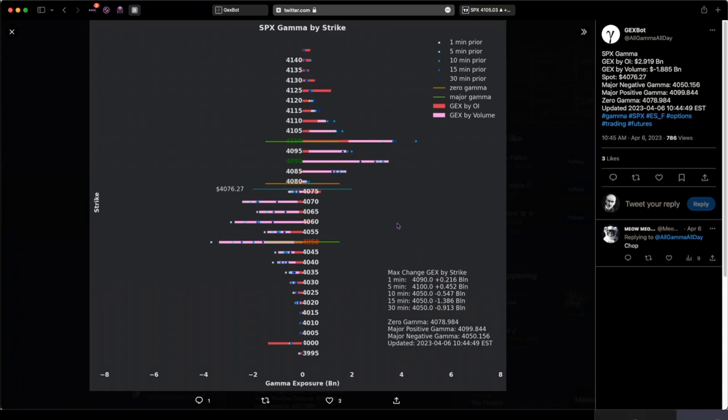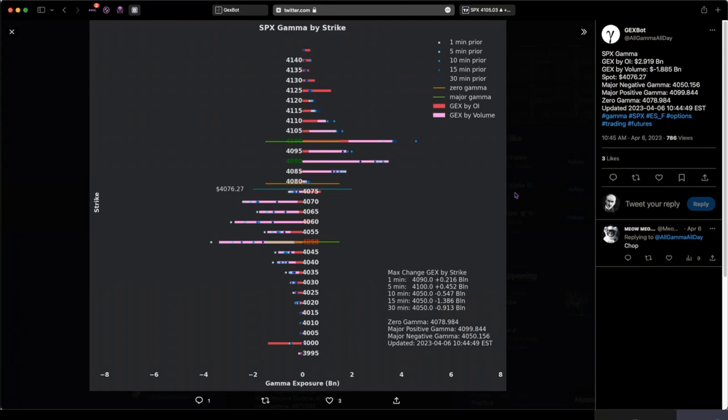Wow, yeah, that's a really good point, and it's something I just want to emphasize. I'll leave everybody to go to the previous video to see this, but it's really important to say that gamma is the highest for at the money options. So I'm just reiterating what you said, but if spot price moves down, then naturally all the gamma exposure of the lower strikes is going to be accentuated, even if the volume or the open interest on those stays exactly the same.